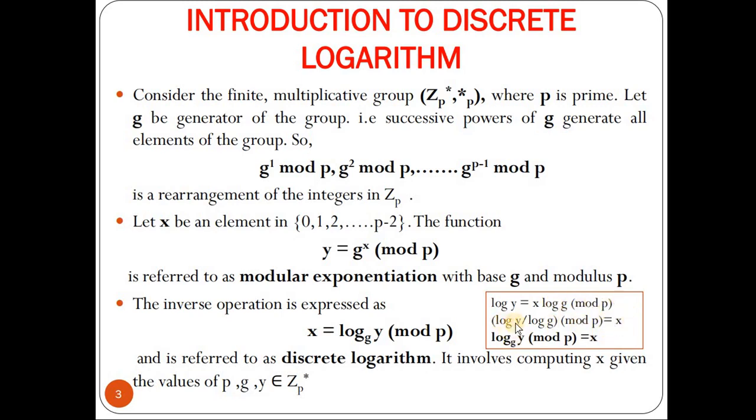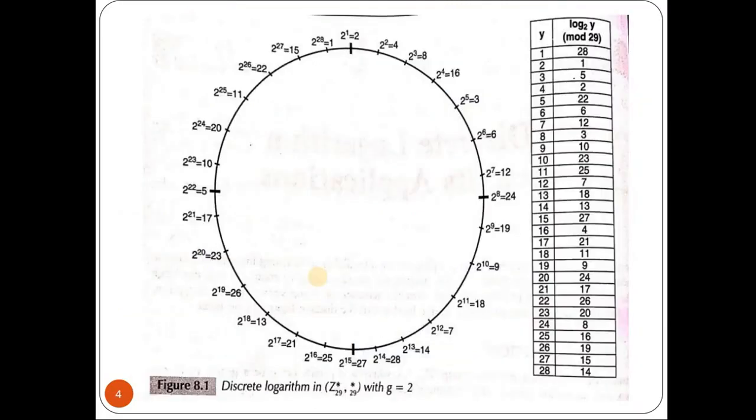We know that log y divided by log g is nothing but log y to the base g mod p is equal to x, as you can see it here. So discrete logarithm is the inverse function of modular exponentiation. So it involves computing x given the values of p, g and y such that it belongs to Z star P. Next we will go through this diagram to see how to compute discrete logarithm.